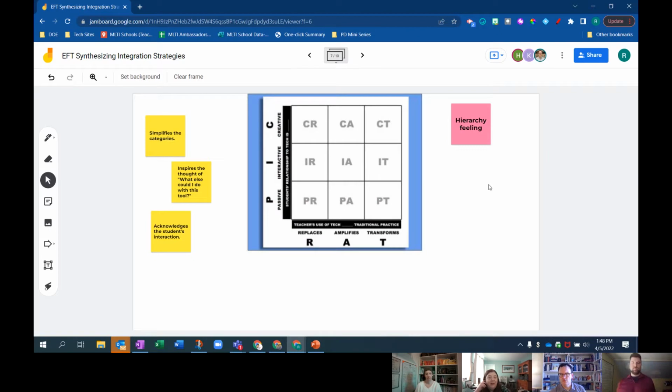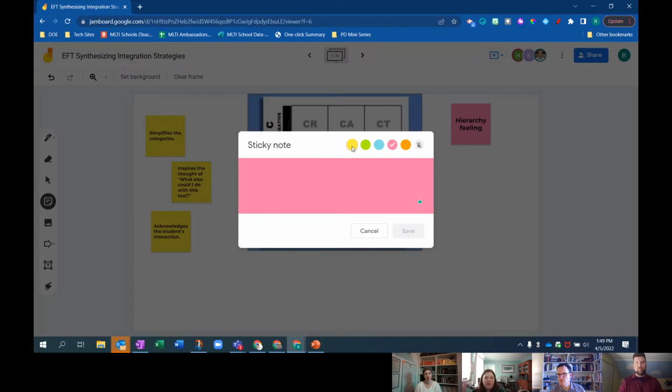Not every activity or everything that you do needs to be that, but it's being reflective over your teaching as a whole. So if you're in the PR all the time, how can you push yourself so that you're moving towards that upper right hand corner, and picking and choosing the places that could happen?